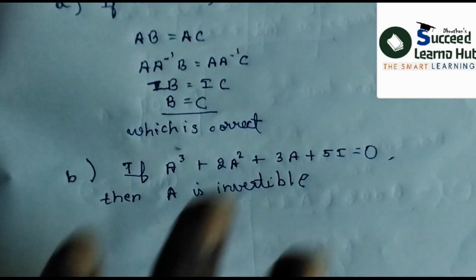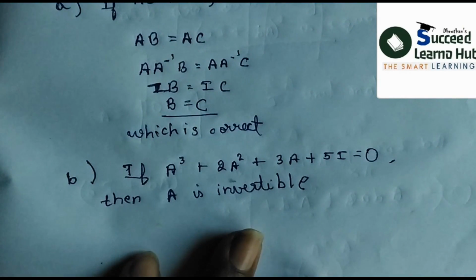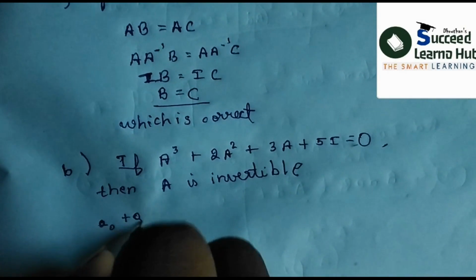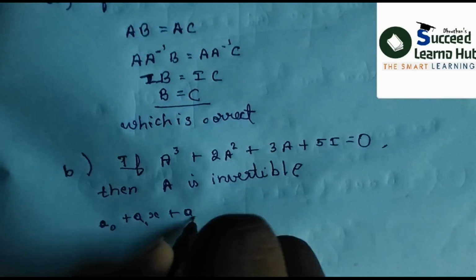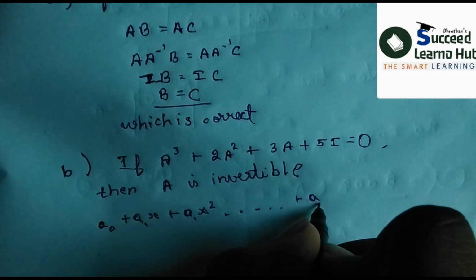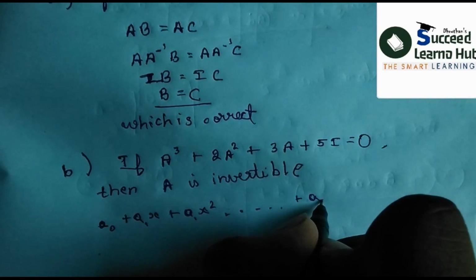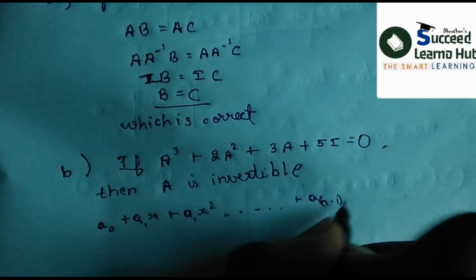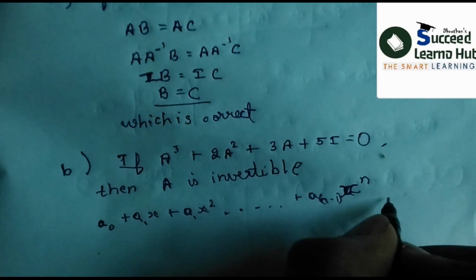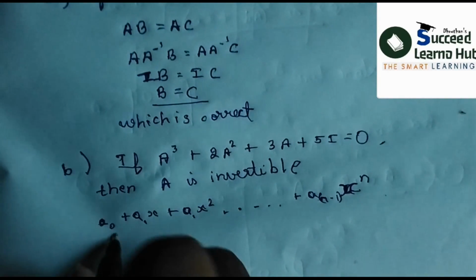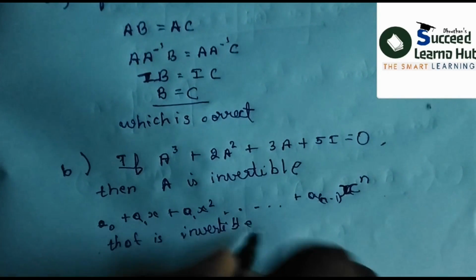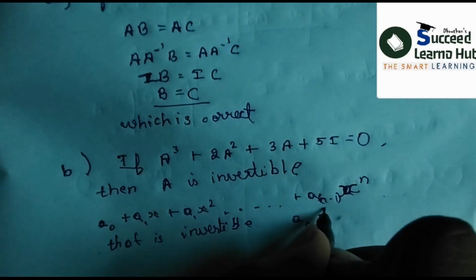Here, first of all, let us look for an important thing: if any equation is of the form a0 plus a1x plus a2x square and so on up to a(n-1) x power n, then that is invertible provided the condition a0 should not be equal to 0.